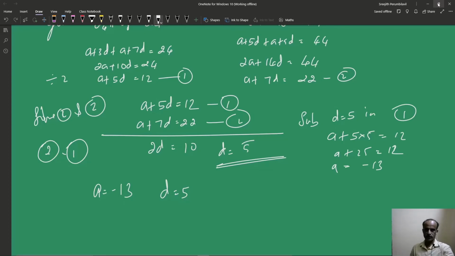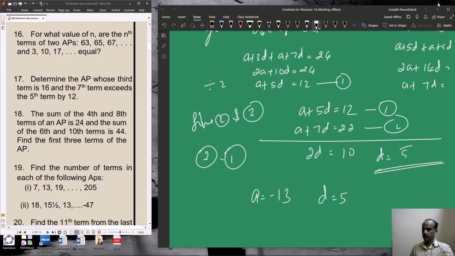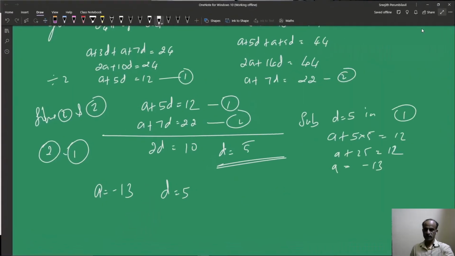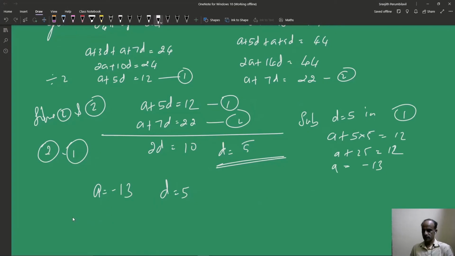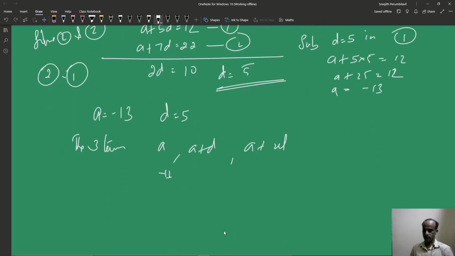What does the question ask? Question 18: find the first 3 terms of the AP. The first 3 terms are A, A plus D, A plus 2D. So, that is minus 13, minus 13 plus 5, minus 13 plus 2 into 5, that is minus 13, minus 8 and minus 3.